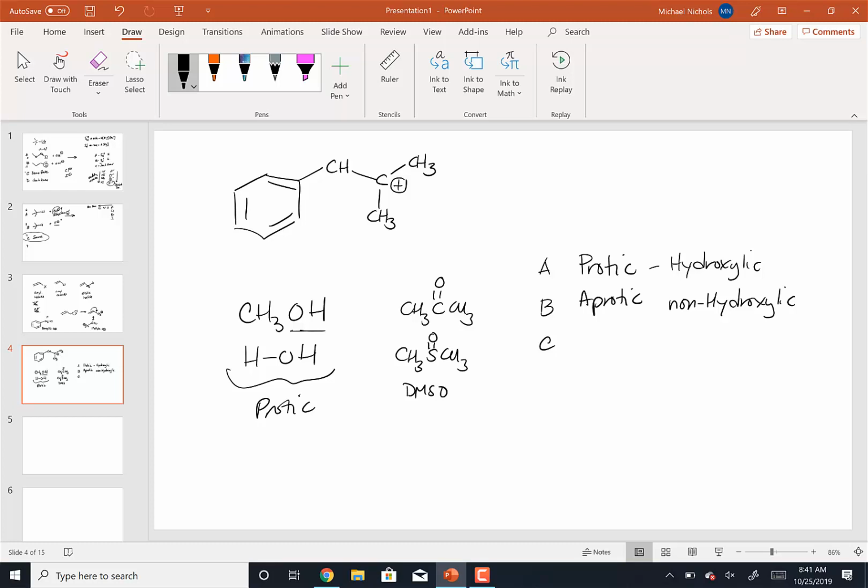You may have heard of DMSO. It is used sometimes by people as a topical anesthetic, or if they have muscle soreness, they will rub DMSO on their soreness, because DMSO goes directly into your bloodstream. Have I had DMSO go directly into my bloodstream?